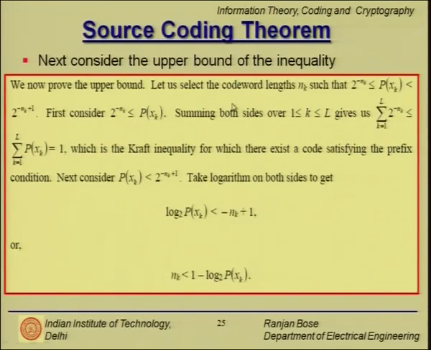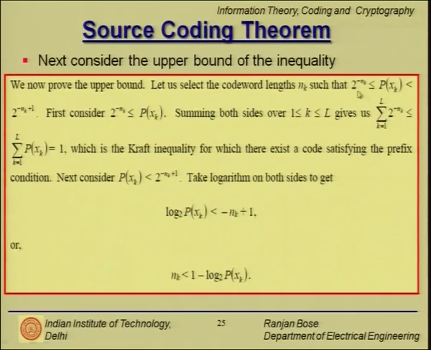First, let us select code words of length n_k such that 2 to the power minus n_k is less than or equal to the probability p(x_k), which is less than or equal to 2 to the power minus n_k plus 1. So, we are hoping that we can do so. In due course we will find out that indeed we can do so.